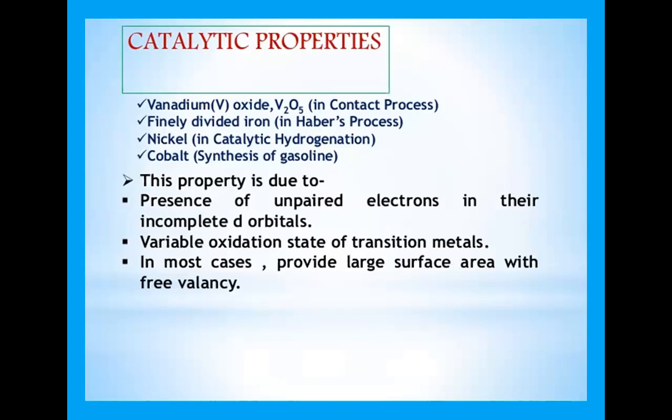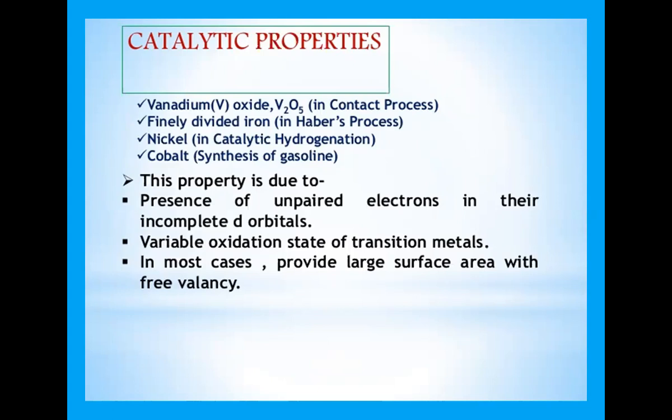At the same time, these d block elements are also capable of showing variable oxidation states, thereby capable of forming intermediates. In most cases, these are metals and they provide a large surface area with free valency so that the catalytic activity can be increased.